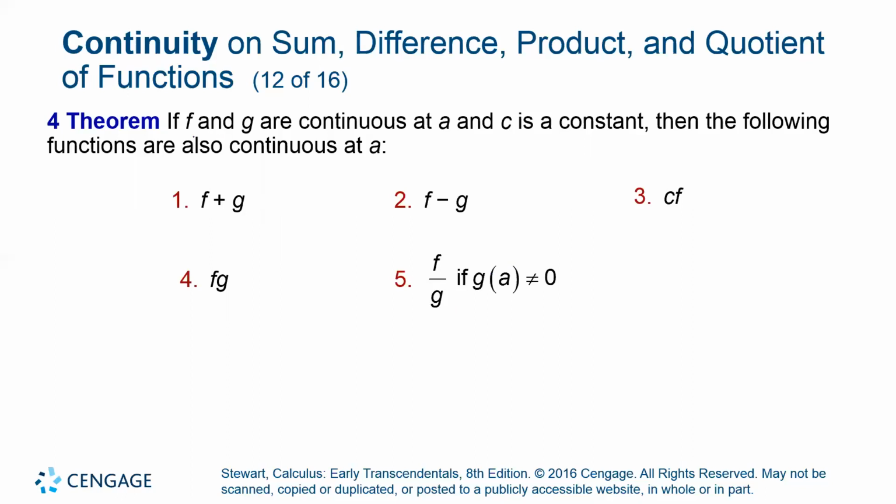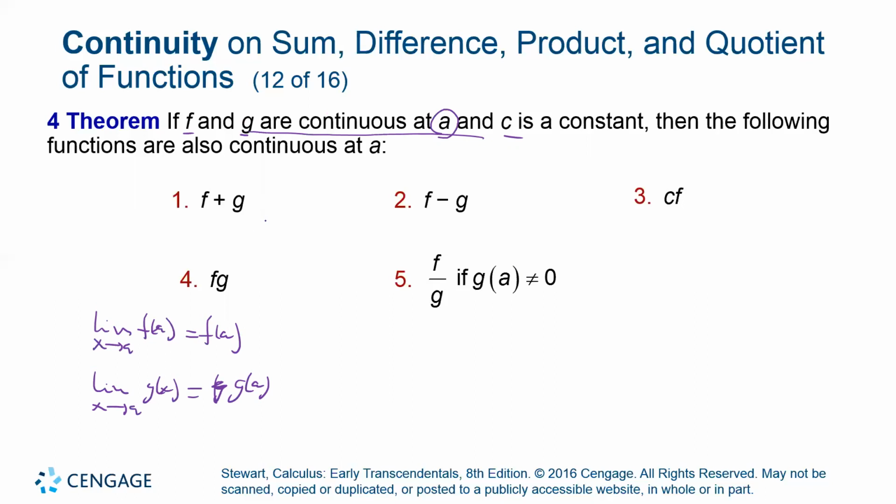So if the two functions f and g are continuous at a, and c is a constant, what that means is that the limit as x approaches a of f of x is equal to f of a, and the limit as x approaches a of g of x is equal to g of a. So it means that it is continuous. That's what the first part means.